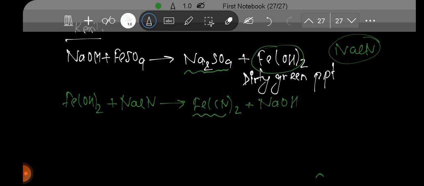Now this iron cyanide further reacts with NaCN.